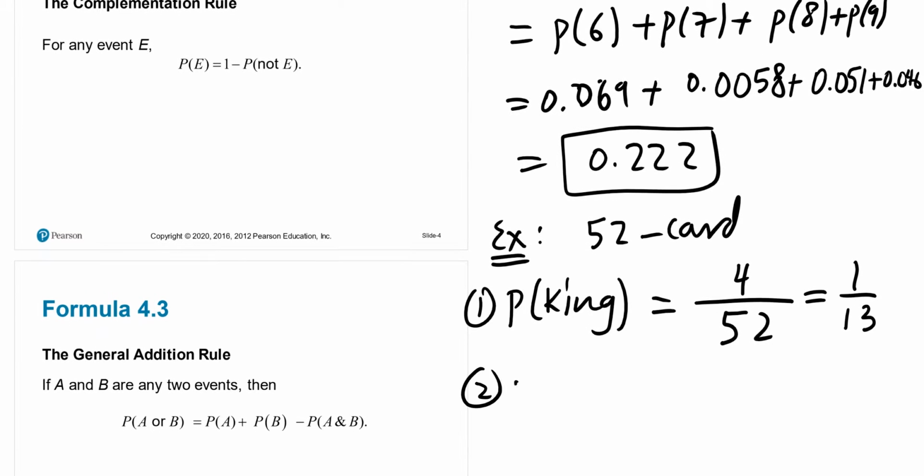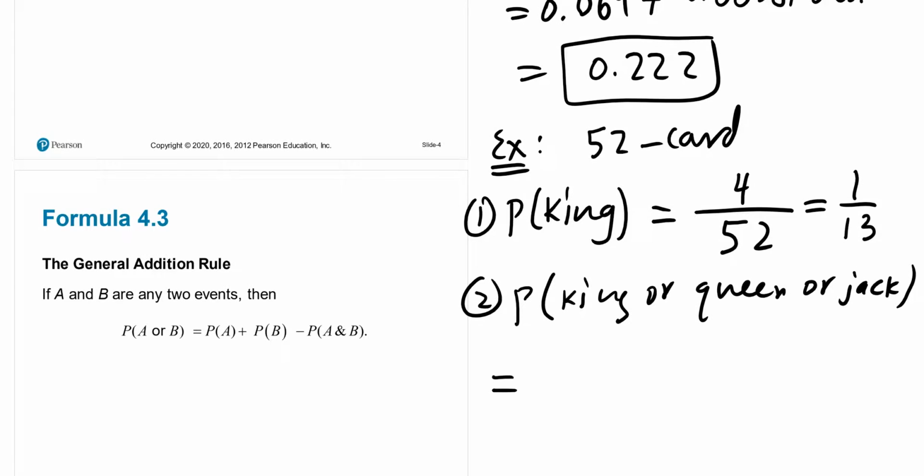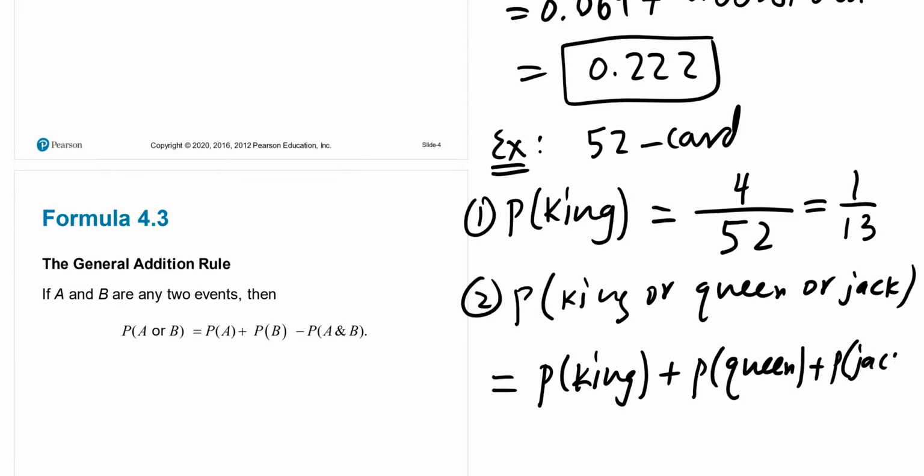How about if they ask us to withdraw a king or queen or jack? Notice you can't have a card that is at the same time a king and a queen or jack. All of them are mutually exclusive. So it's the probability of selecting a king plus the probability of selecting a queen plus the probability of selecting a jack.